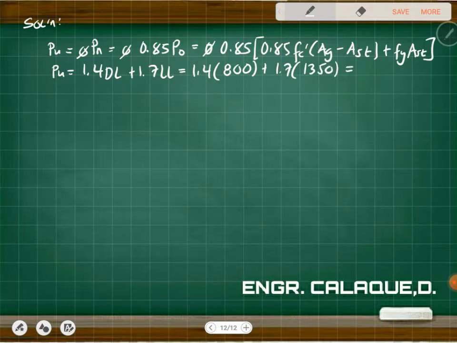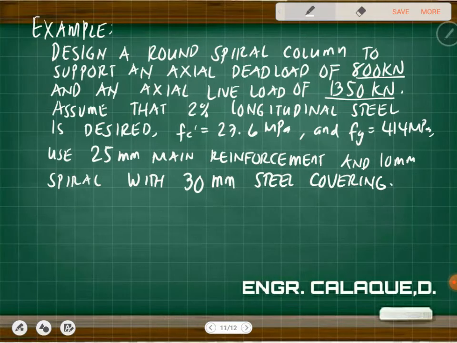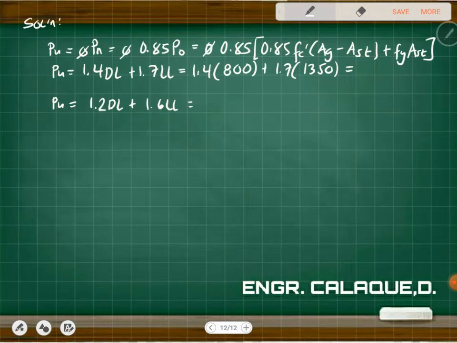So, for 2010, yung Pu is just 1.2 nung dead load plus 1.6 nung live load. So, ito lang yung load combination natin kasi yung given lang is dead load tsaka live load. Okay? So, we have 1.4 times 800 plus 1.7 times 1350.